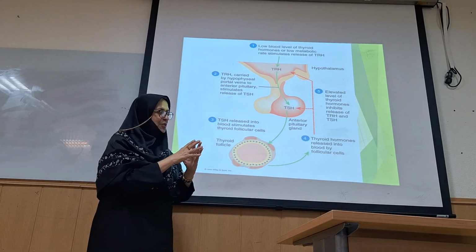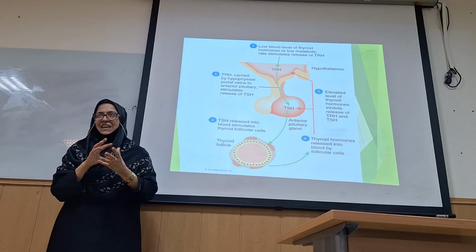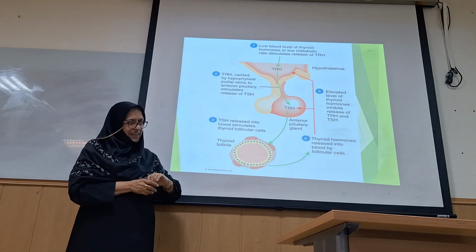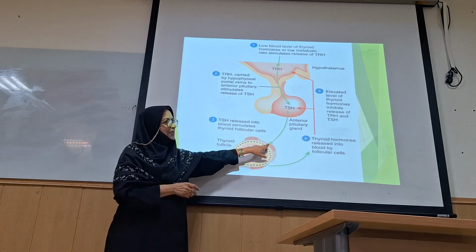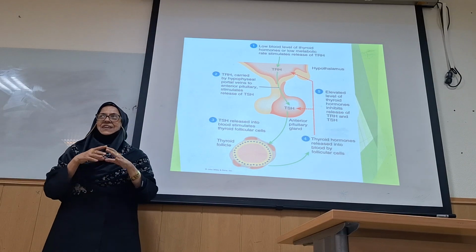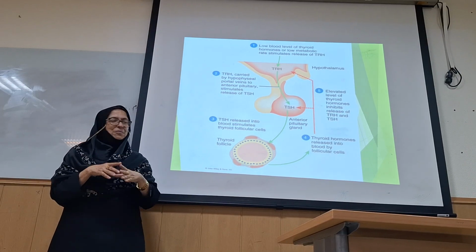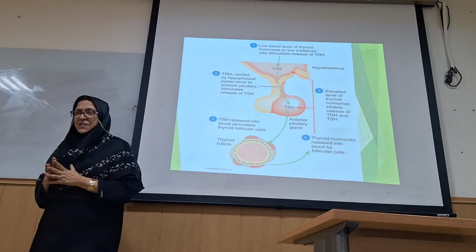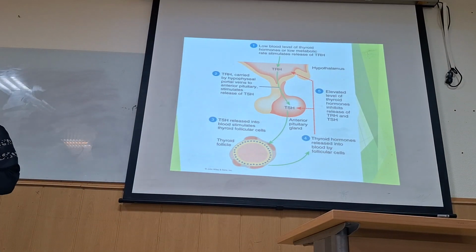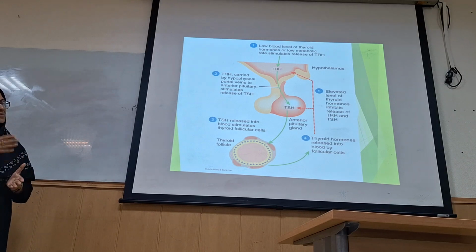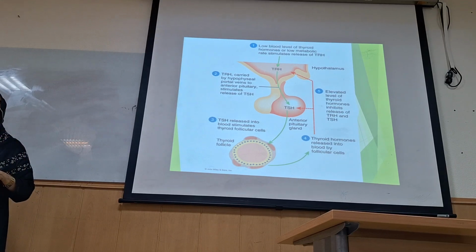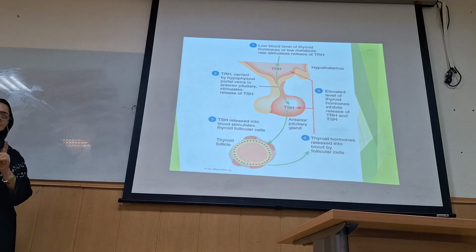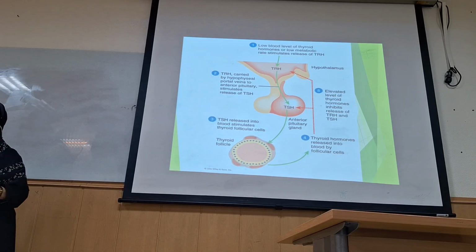This slide shows positive and negative feedback control. Okay? The green arrow shows positive feedback. The red arrow shows negative feedback. These mechanisms exist in our body daily. Therefore, you have a normal value of thyroid hormones.